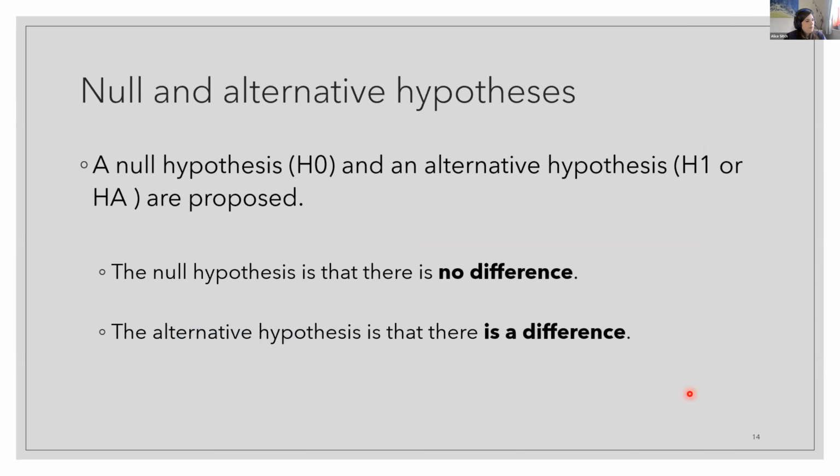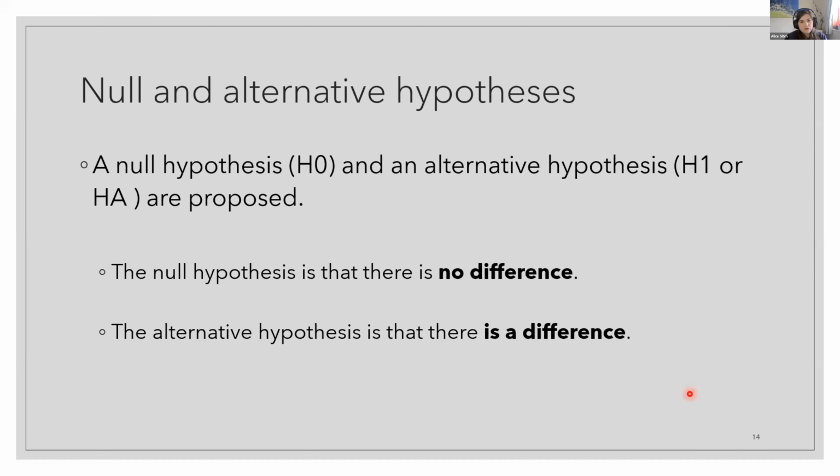So in most cases, the alternative hypothesis doesn't specify any direction. So when we have our standard hypothesis testing, we aren't specifying the direction of the effect. So the null hypothesis here would be that there is no difference, and the alternative hypothesis would be that there is a difference.